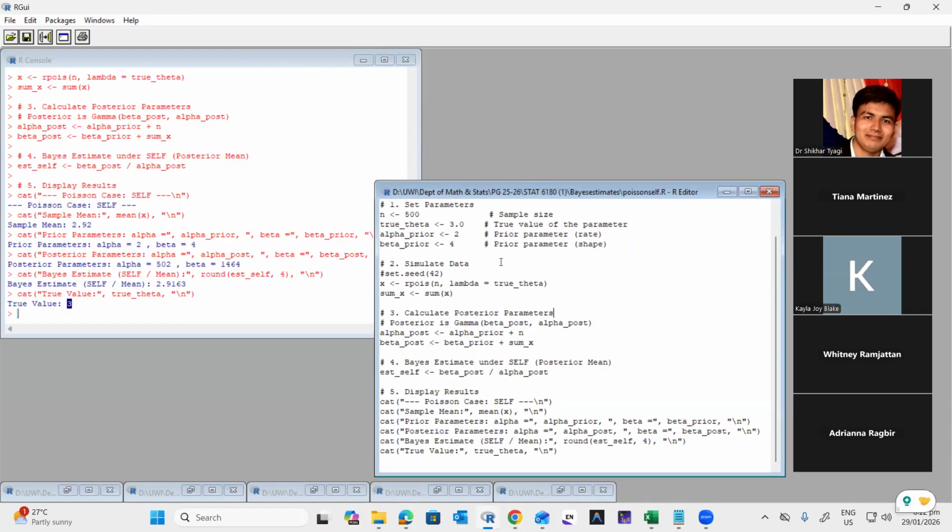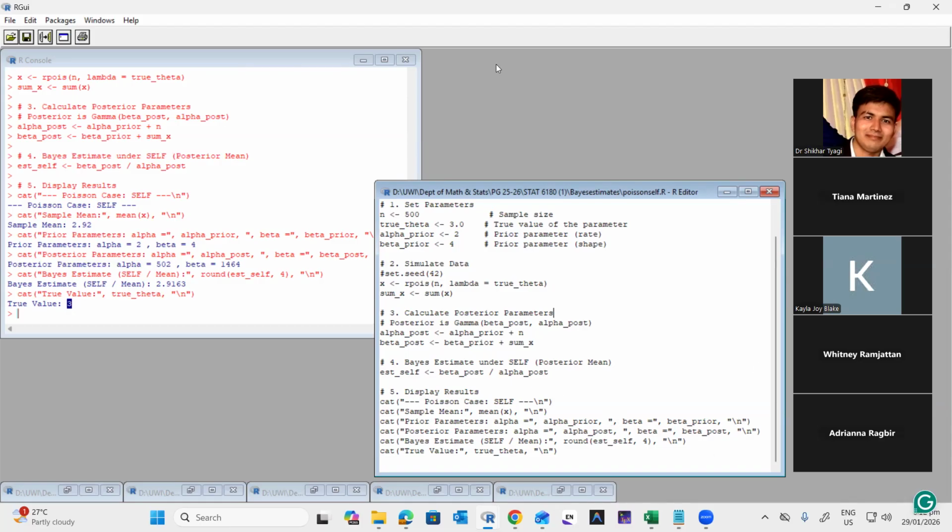So this is the code under the SELF loss. Okay, I will share all these codes with you. Do you want to practice it right now or later? Accordingly, I will share the codes.